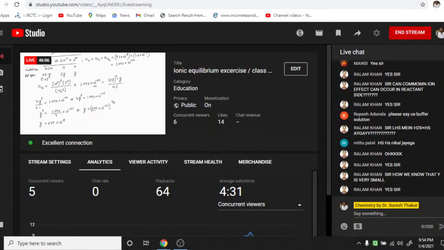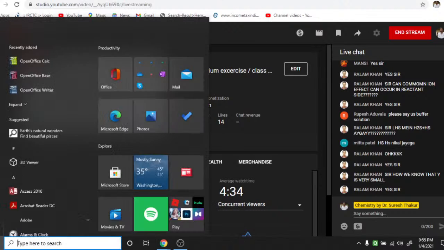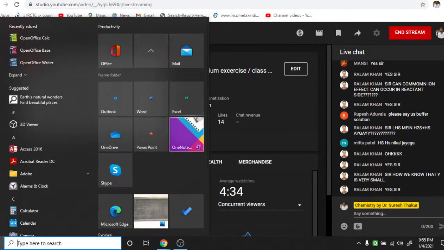Now calculation of S2 negative ion in the presence of 0.1 molar HCl. Okay. Wait, beta, wait.